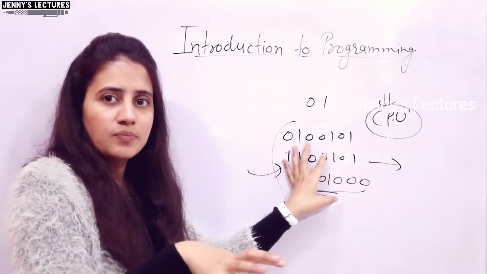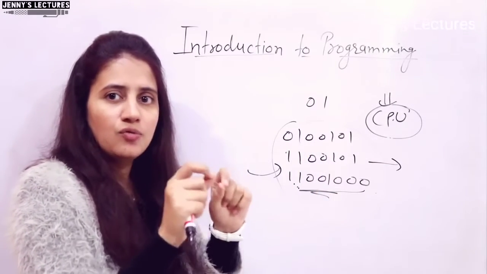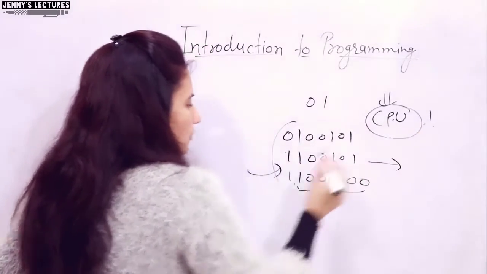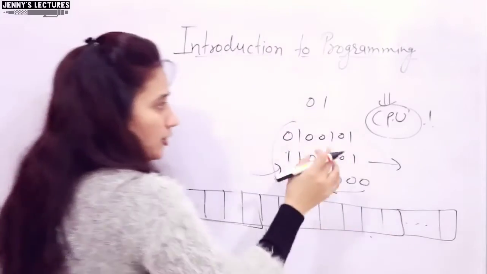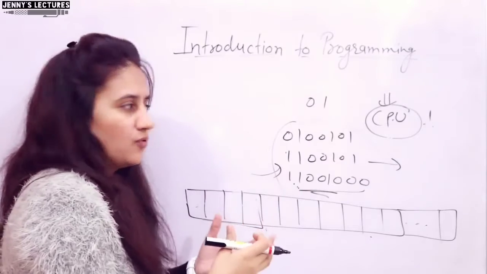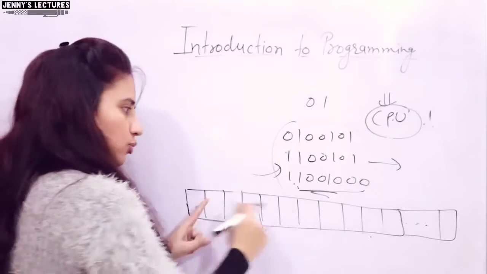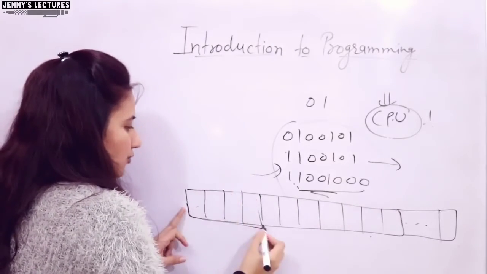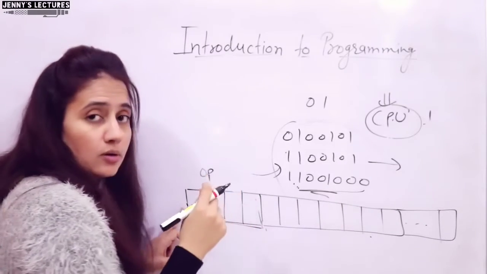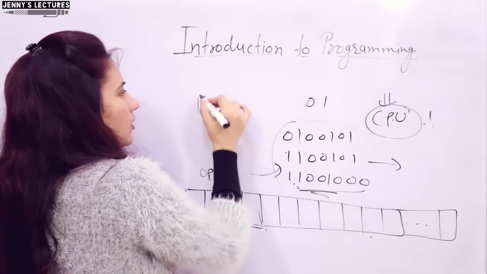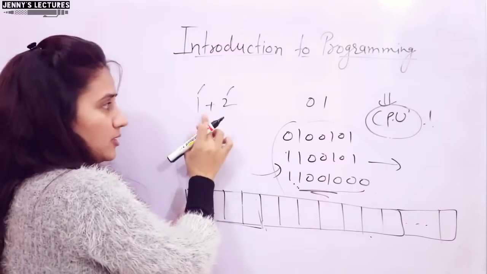In one computer, the same program, like addition of two numbers, let us suppose at one CPU, according to this CPU architecture or specifications, the instruction can be given in 20 bits, right? And the first 4 bits are for the operator. I hope everybody knows, suppose I am writing 1 plus 2: 1 and 2 are operands and plus is the operator.